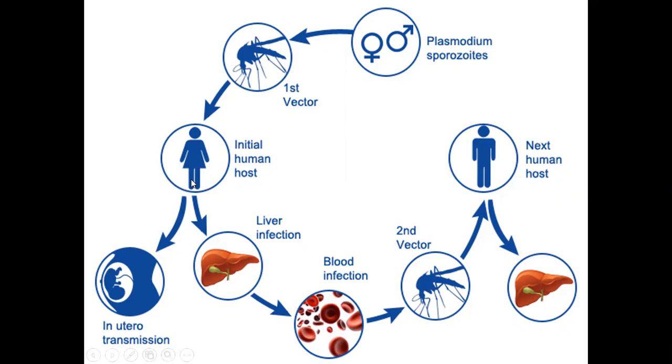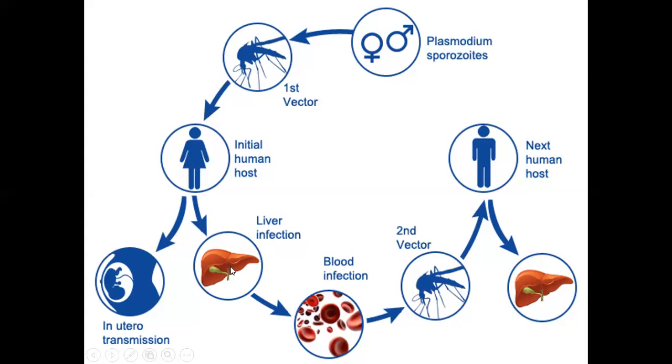this Plasmodium, either vivax or falciparum, is transmitted into either the placenta or a newborn baby, and mainly affects the liver. The liver is infected by this protozoa.